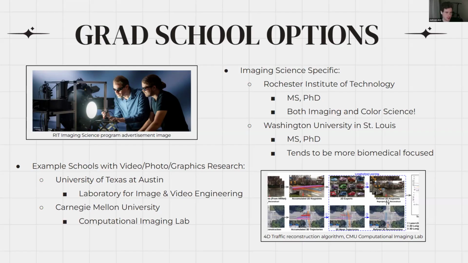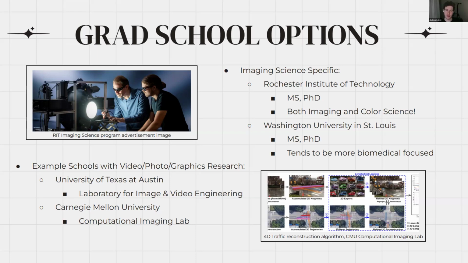Some other schools I wanted to talk about and mention: UT Austin has a really cool lab called LIVE, the Laboratory for Image and Video Engineering. They do a lot of really interesting work with photographic imaging specifically. So, think image compression, imaging related tools like data transmission for video and film, things like that.